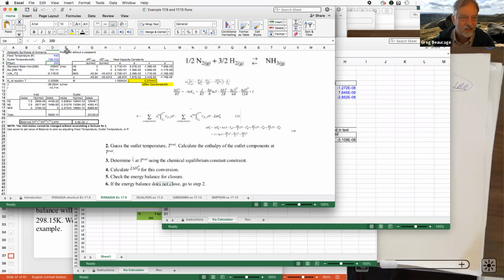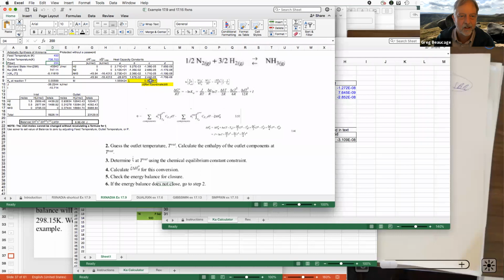Basically, I guess you just need to use this thing to figure out, if you have a flow through reaction, what your conversion is going to be if it's adiabatic, and what the outlet temperature is going to be. Right, those are the two things you spit out.